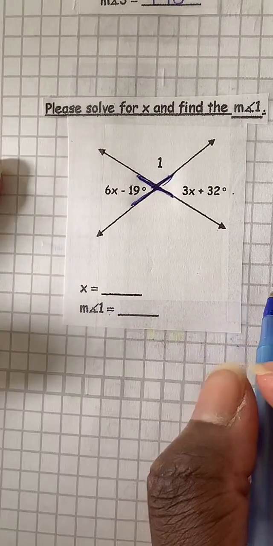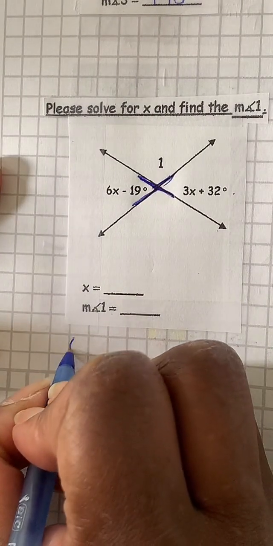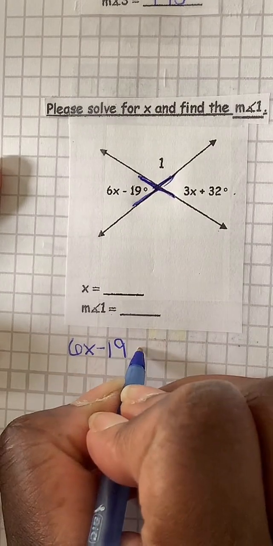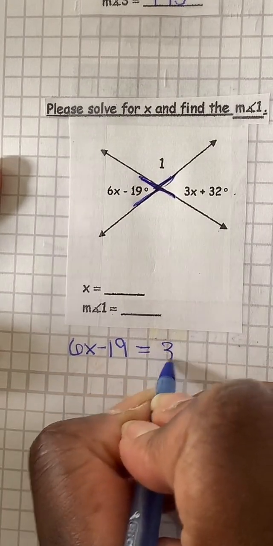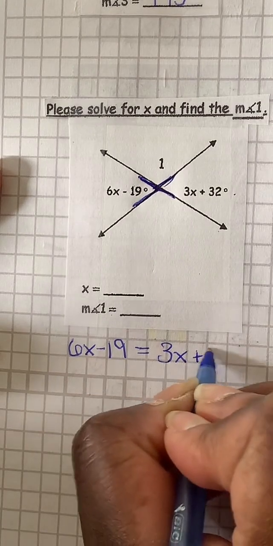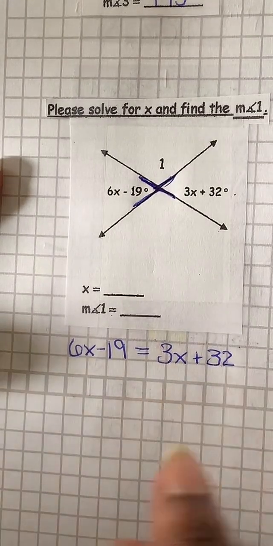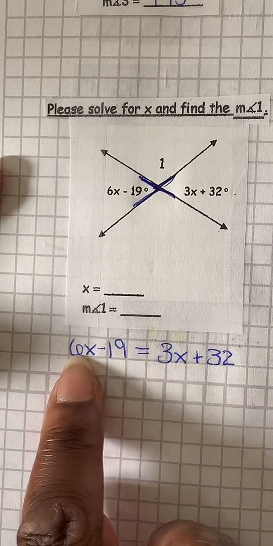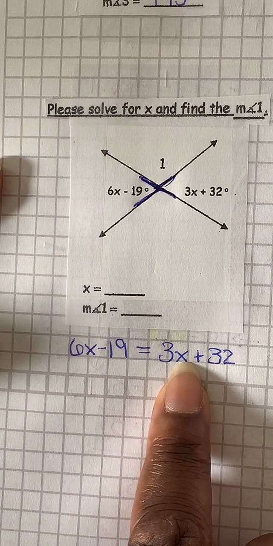Since they're equal to each other, that means 6x minus 19 is going to equal 3x plus 32. The one thing that's hard about this is you've got a variable on both sides. It's doable, okay? It's definitely doable.